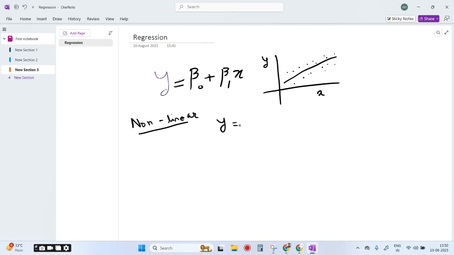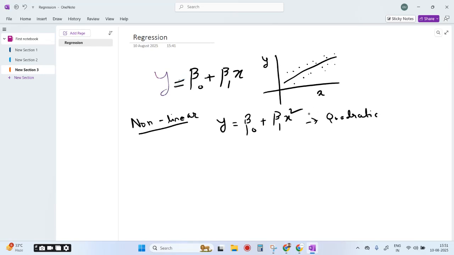So this can be, for instance, y equals beta 0 plus beta 1 x square. This is basically a quadratic relationship, right? So this is not linear between x and y.